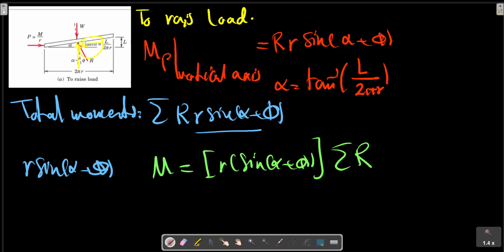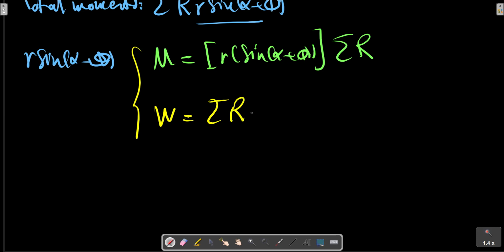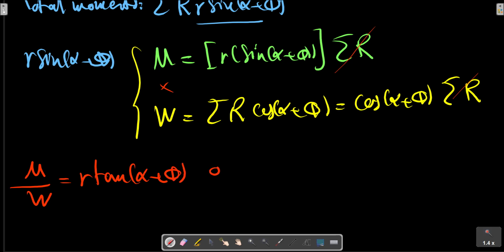Equilibrium of forces in the axial direction further requires this equation, that W equals R cosine of alpha plus phi for the equilibrium condition, so taking a fraction relation between these two relations, M equals W R tangent of alpha plus phi.